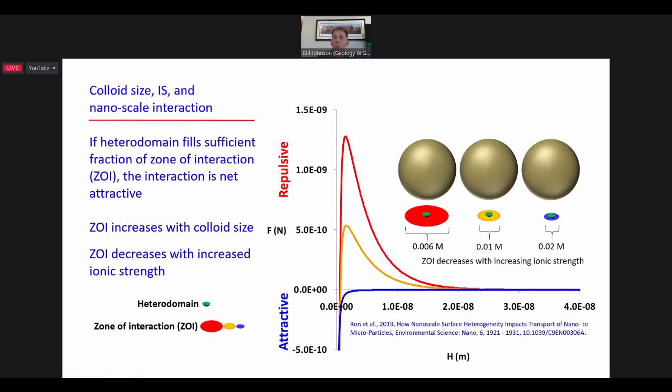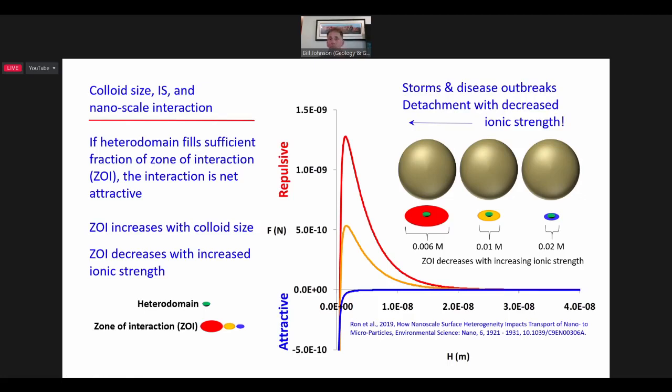And so for a given size colloid, at low ionic strength, it may experience a repulsive interaction because the heterodomain occupies a small fraction of the zone. Whereas at higher ionic strength, the heterodomain may occupy a much larger fraction of the zone of interaction, and that may flip the interaction from repulsive to attractive. So both the colloid size and the ionic strength drive these interactions.